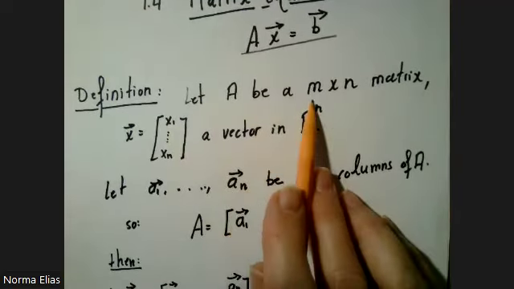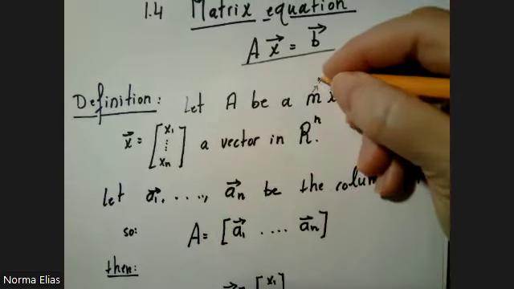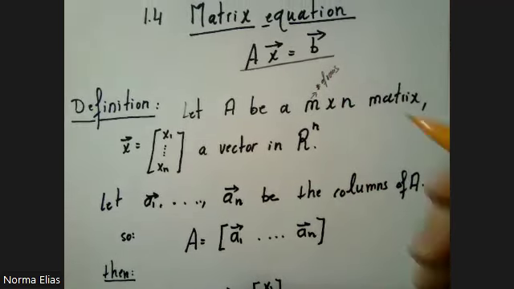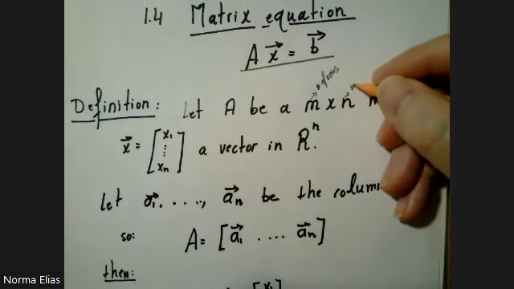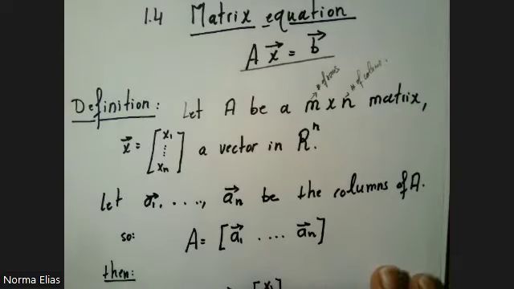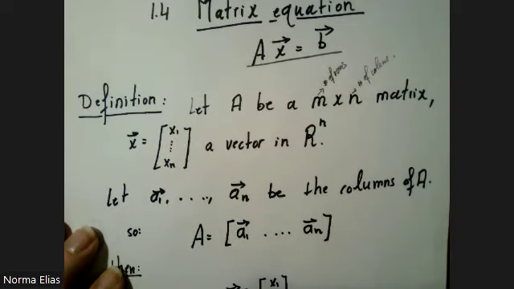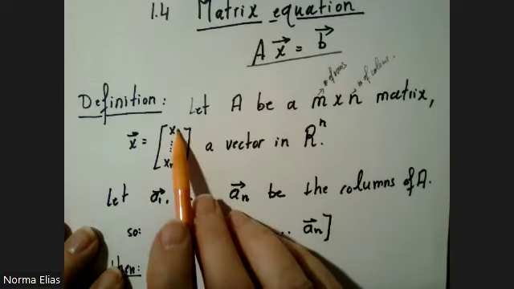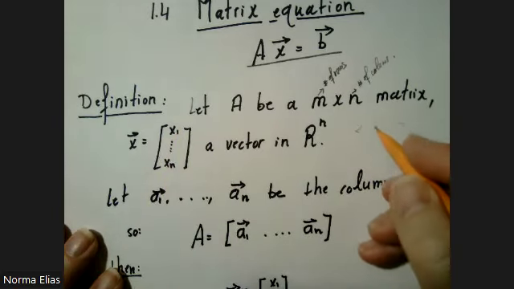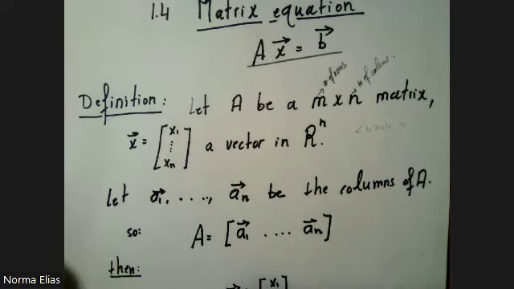Let A be an m by n matrix. M always is the number of rows, and n is the number of columns, just to remind you. And x a vector in Rn. One of the main reasons we write a vector in this course as a column, as a matrix like this, is that I know in your other classes you can write them in a very different way, which is fine.